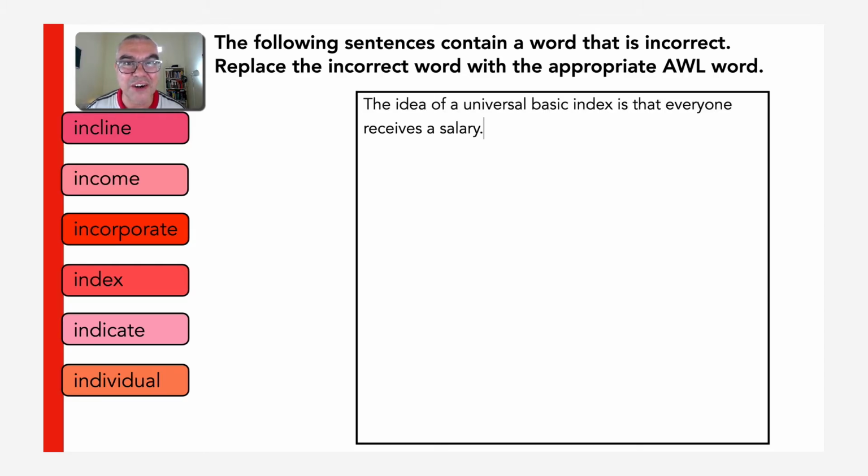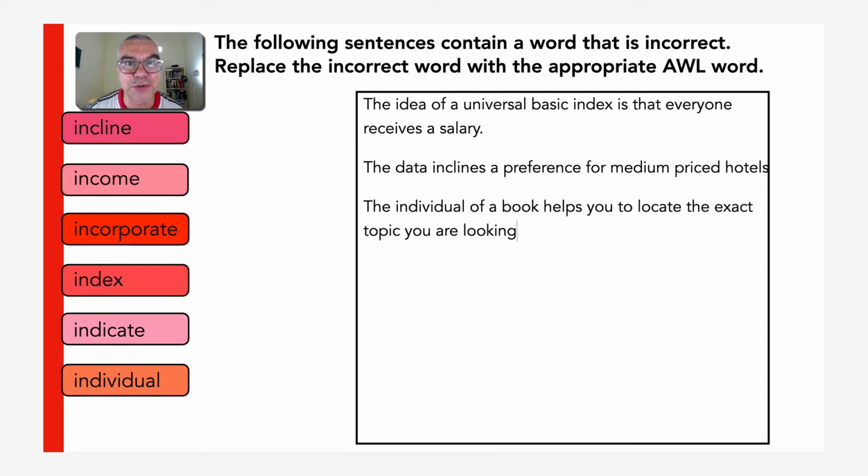The idea of a universal basic index is that everyone receives a salary. Here's the next sentence. Remember, one word is wrong that you need to replace. The data inclines a preference for medium-priced hotels.